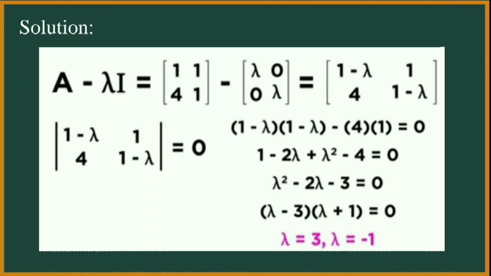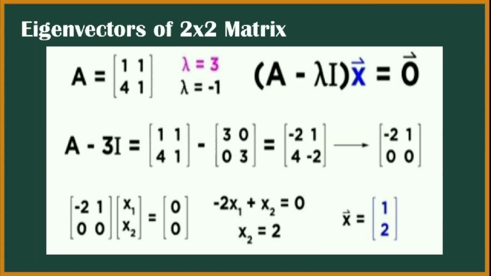So that our lambda is positive 3 and negative 1. So we have one pair of eigenvalues.